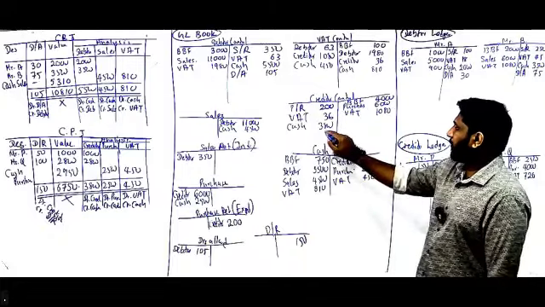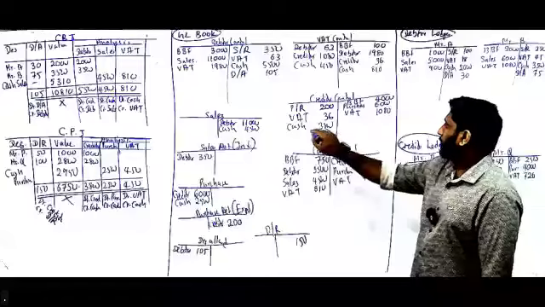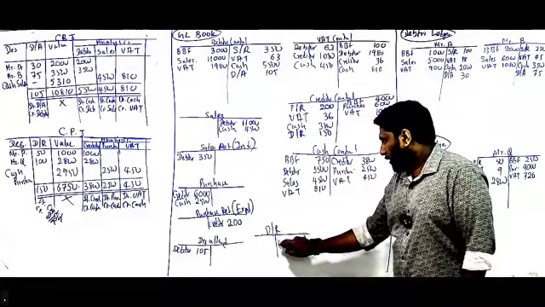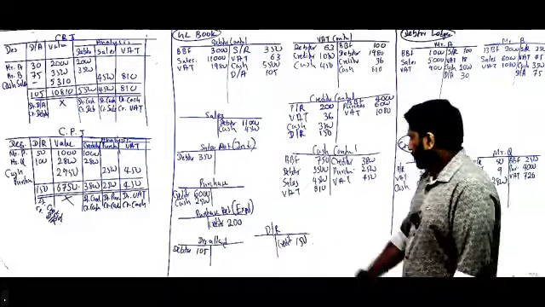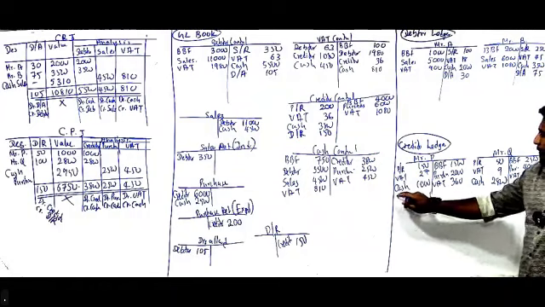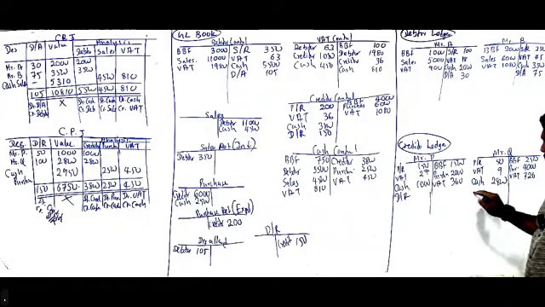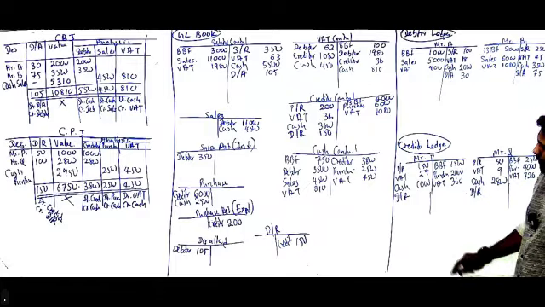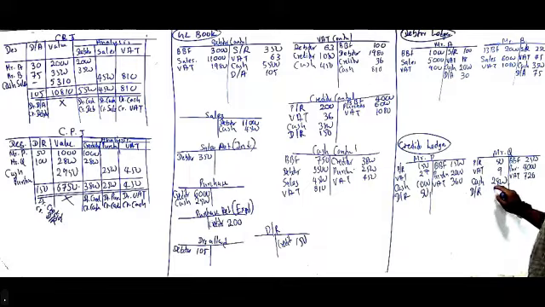Here 150 debit, creditor. Go and put it to the individual accounts. Discount received: 50, and here 100.